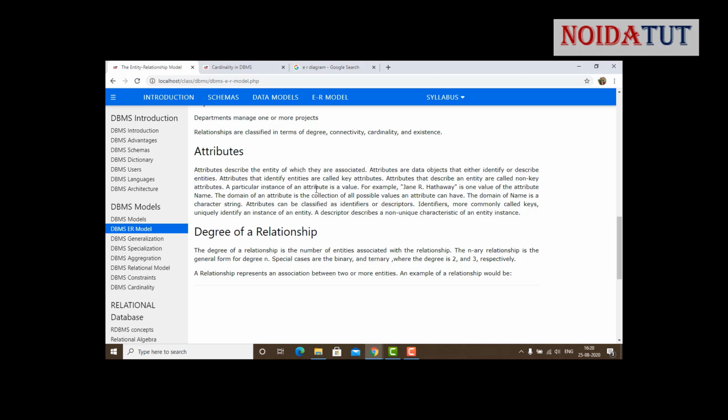Now, when we talk about attributes, these are the general properties of an entity, and how an entity is related to another one. Just like when we are talking about the entity student, the student has a student's name, date of birth, identification number, roll number, and branch. So these are the attributes of a student.